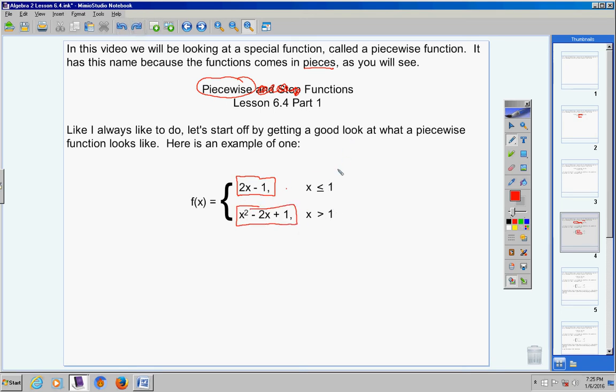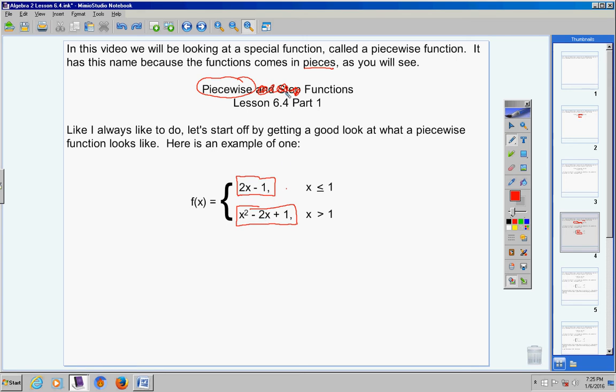Now, is it possible for a piecewise function to have more than two pieces? Most definitely, okay? The main thought behind a piecewise function is simply it has different pieces to it, okay? So, this piecewise function here has two. I think most of the ones we're going to work with have two, okay?